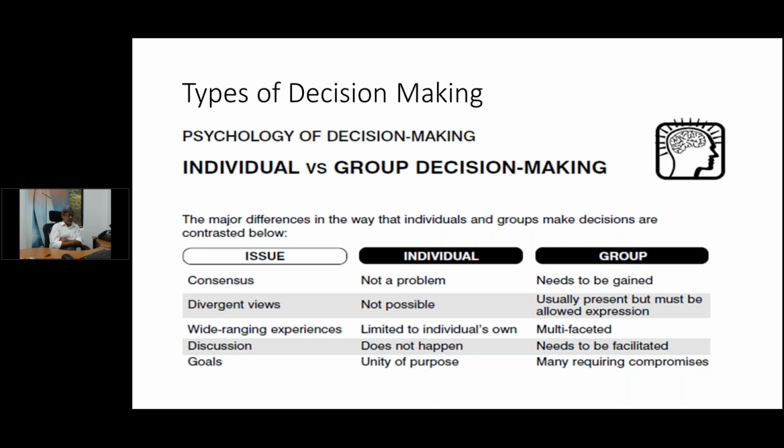It may be a senior person. It may be the expert within the group, and that is what you need to look into whenever we have to make a decision on a group basis, right?